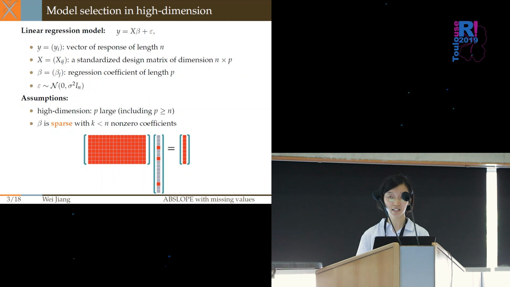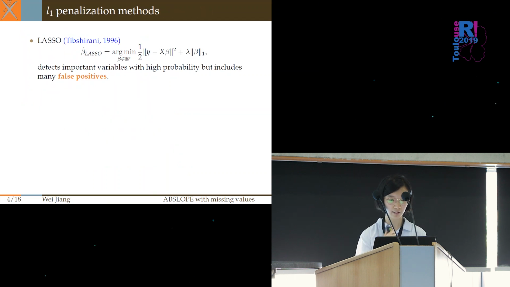In addition, beta is sparse with k non-zero coefficients, and the popular method to deal with this kind of model selection problem is called lasso, proposed by Tibshirani. With the L1 penalization, we can detect important variables with high probability, but it can include many false positives.